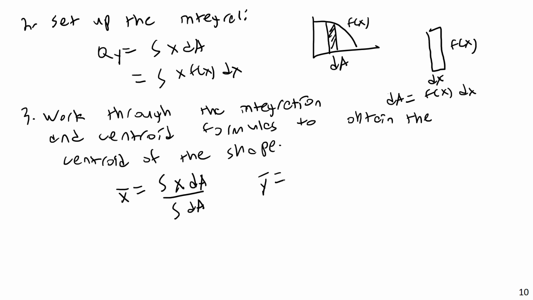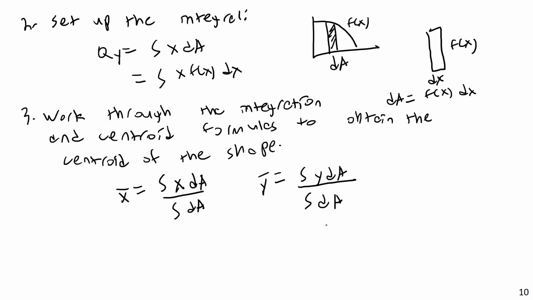And y bar is equal to the integral of y dA, or in other words, qx, and then divided by the area. Again, q is the first moment of area with respect to an axis, so qx is the first moment of area with respect to the x-axis.